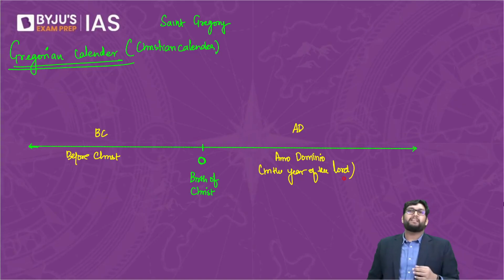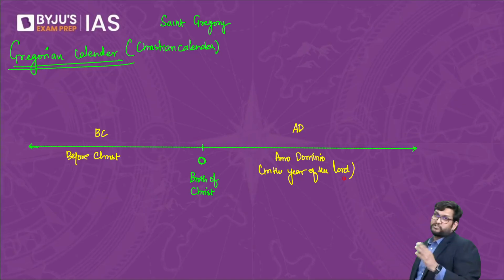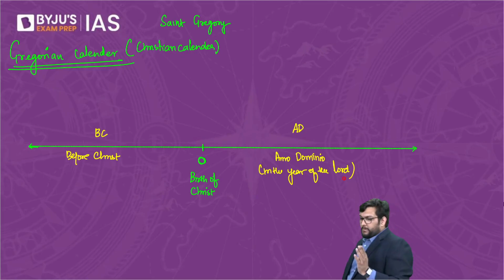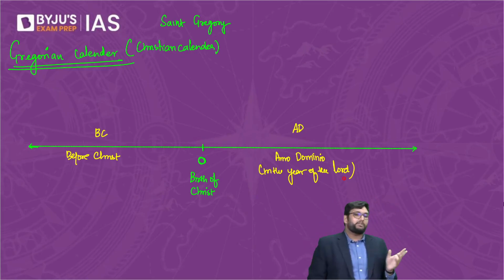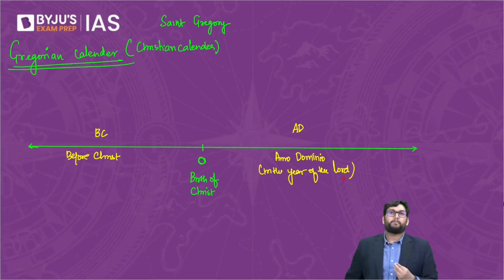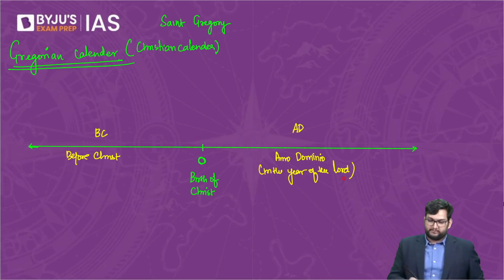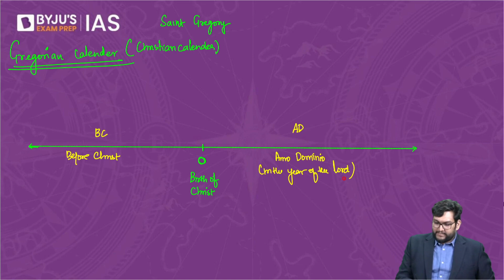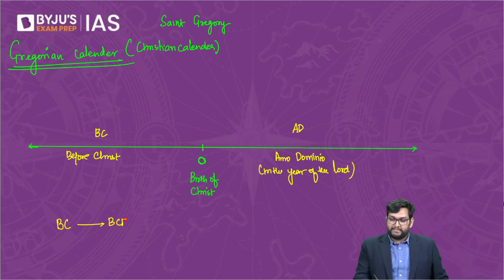So historians thought that, see, this time division is okay, but we can't use this religious term before Christ, Anno Domino. So what they did was, they made BC into BCE and they made AD into CE.